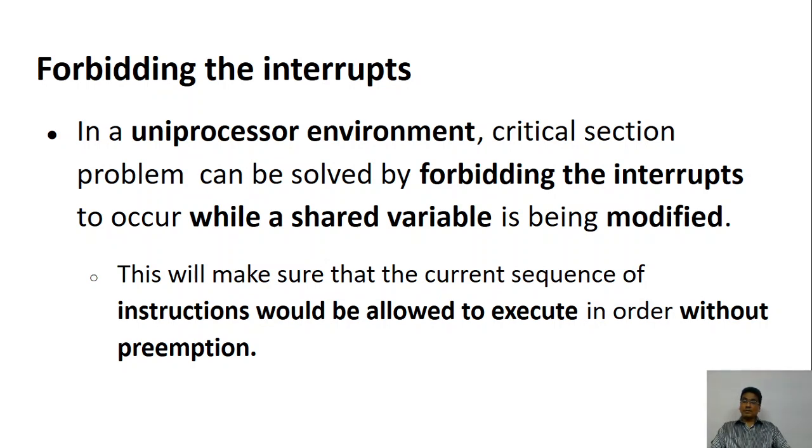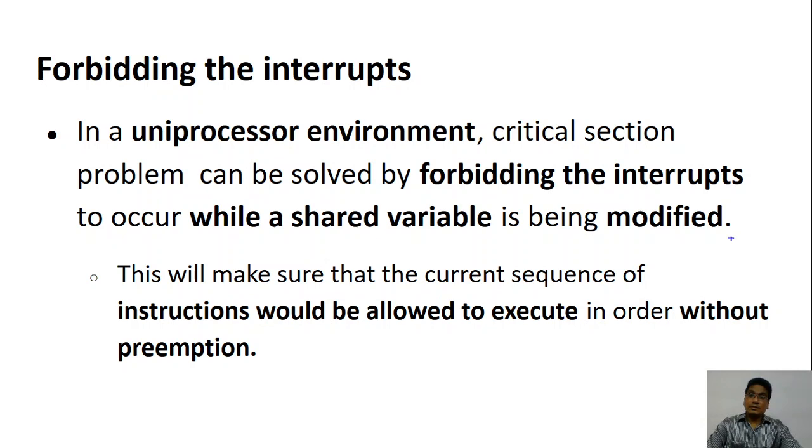One of the simplest ways to solve the critical section problem in a uniprocessor environment is to disable the interrupt whenever one process enters the critical section. So let's look at this one.